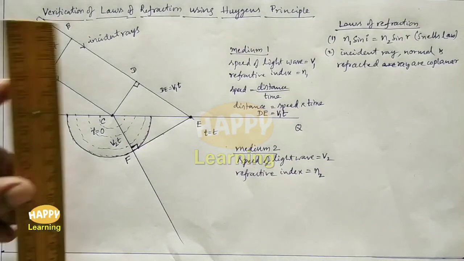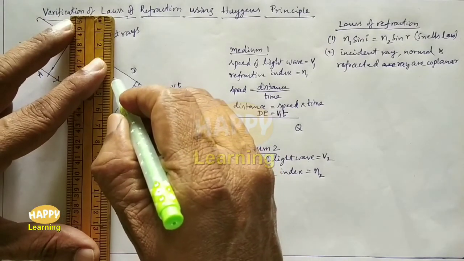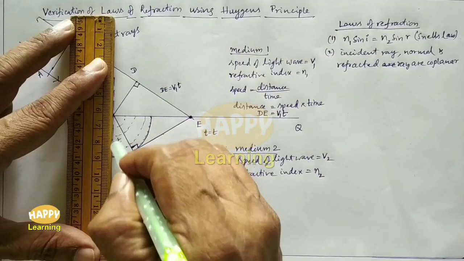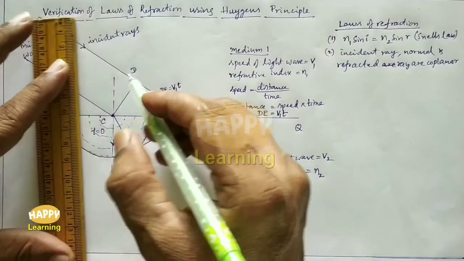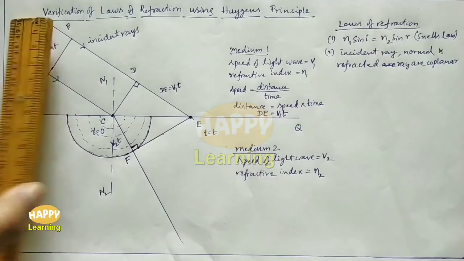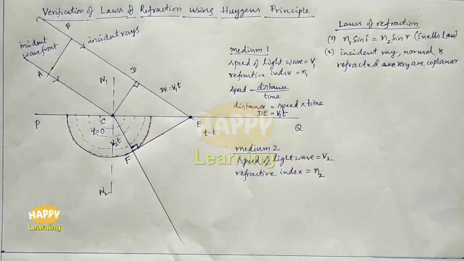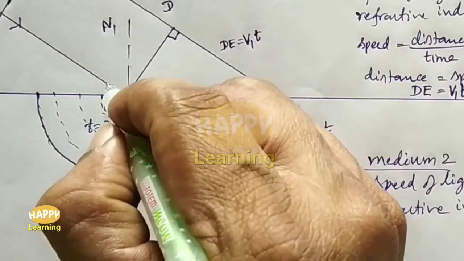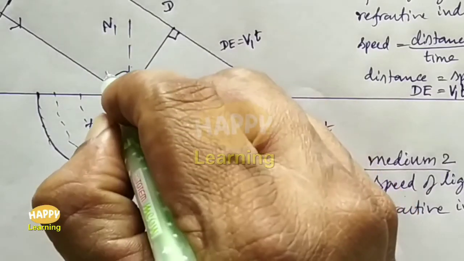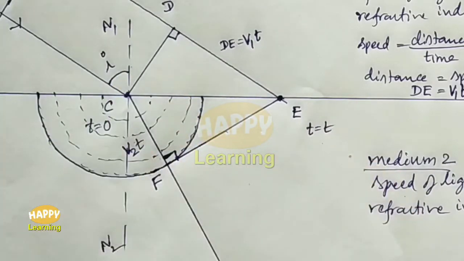Now, let me draw a normal here. This is N1, N2, a normal to this interface separating medium 1 and medium 2. The angle between the incident ray and normal is called the angle of incidence.